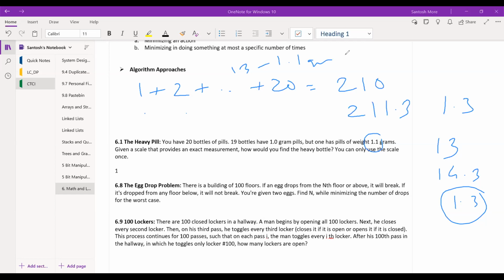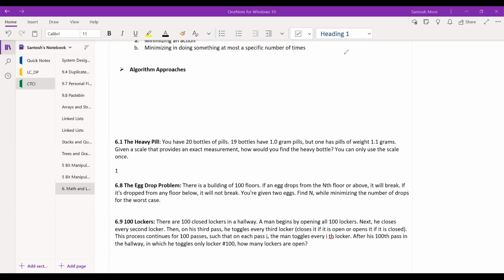So it will be 211 in that case. So we can easily find the number of the bottle. I like this puzzle, it is very simple also.